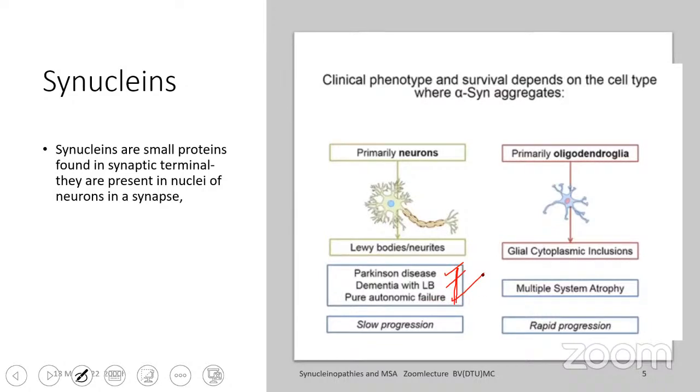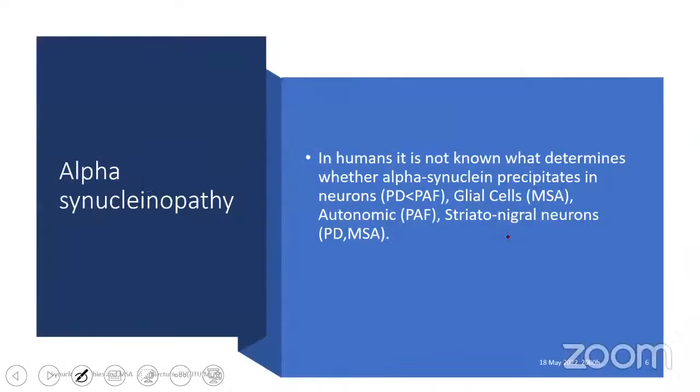All these have a slow progression when compared to MSA, which has rapid progression, because here the inclusion bodies are primarily in oligodendroglia, and they are called glial cytoplasmic inclusions. That is the characteristic pathophysiology of multiple system atrophy.